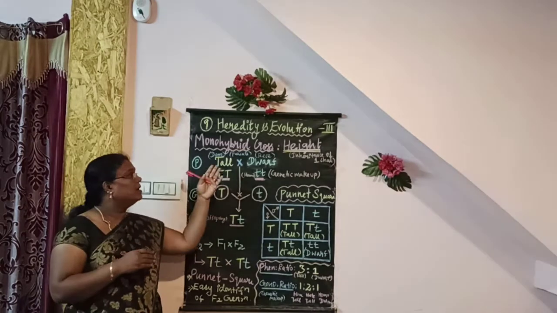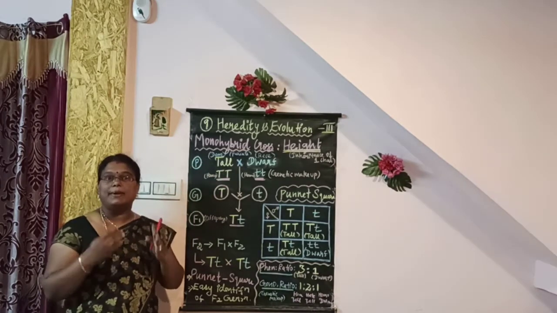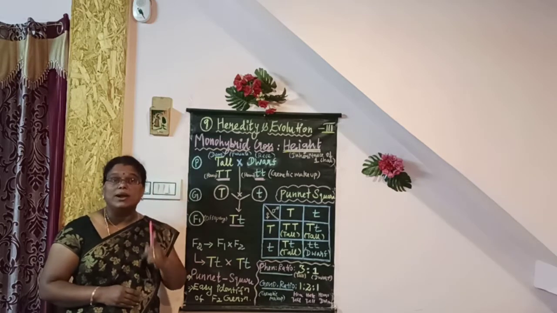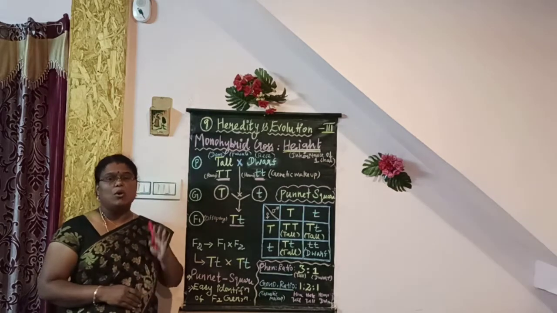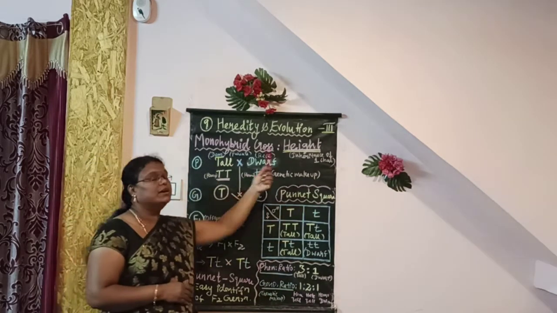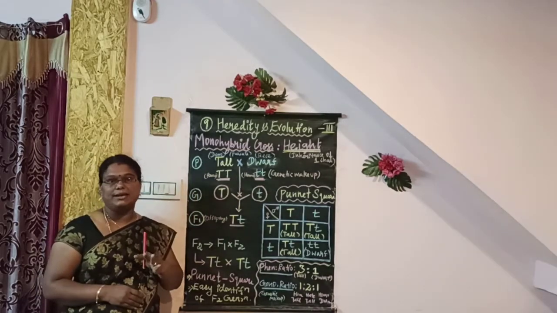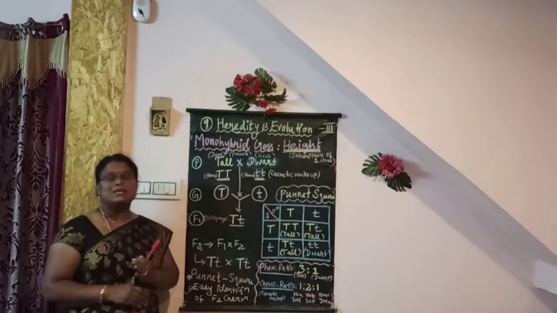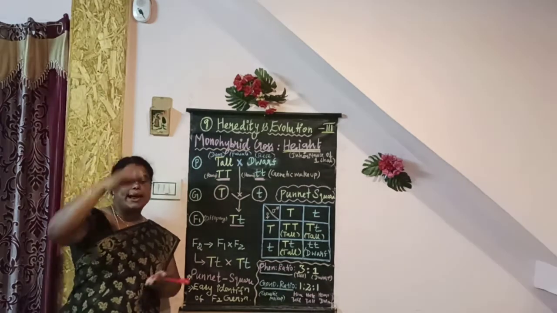So in this monohybrid cross, he selected Pisum sativum plants considering only one visible contrasting character. The character he chose in the monohybrid cross is height. The contrasting characters of height are tall and dwarf.